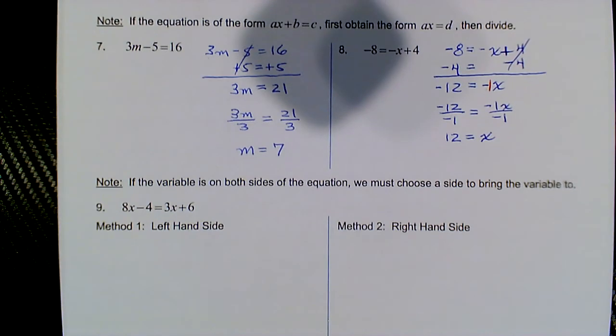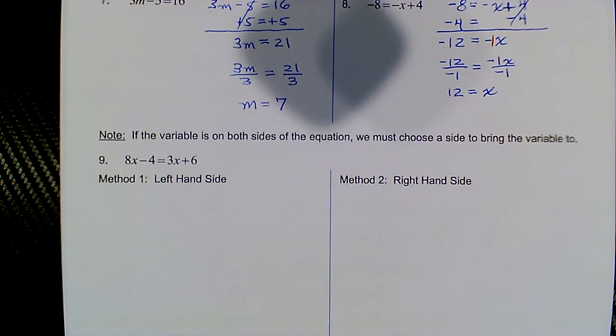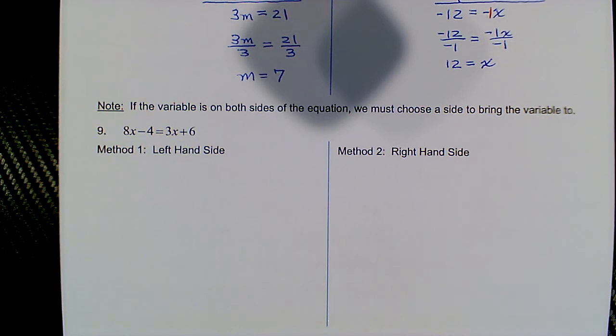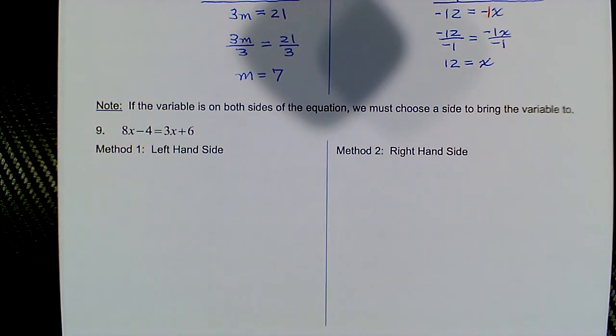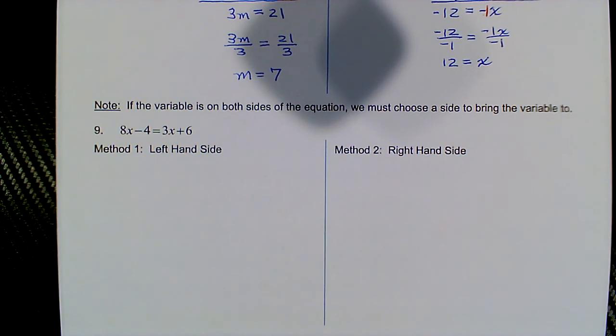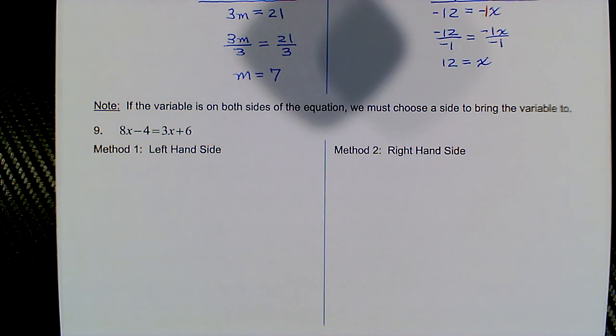Okay, now here's a very important concept. If the variable is on both sides of the equation, then we have to choose a side that we want to bring the variable to. And there's a general guideline that we'll consider after showing the solution to this example, but it doesn't matter what side you bring the variable to.